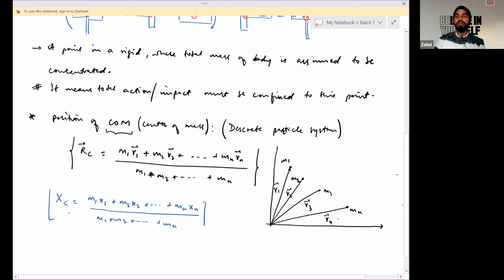Similarly, we may write along y and z coordinates. Is it clear? Yes, sir. Okay, just write it down.